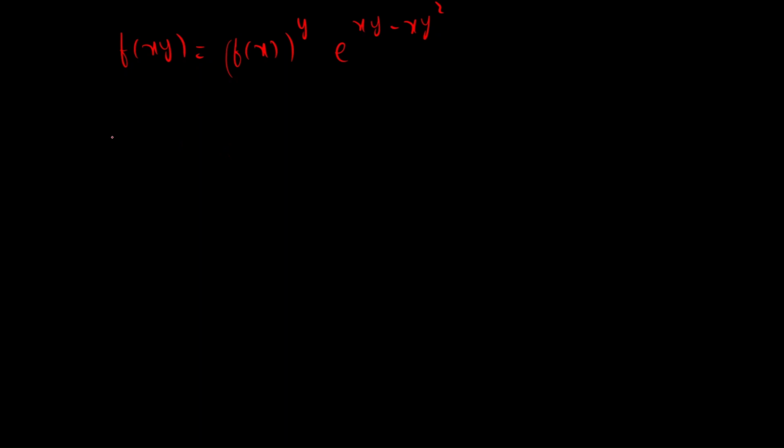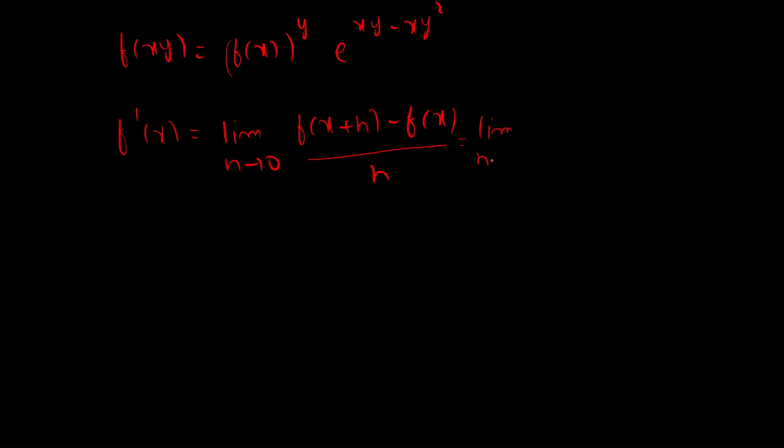Instead, we can do a simple manipulation. From the first principle of derivative, I can take out the x common in the first term, x into (1 plus h by x) minus f of x divided by h. Now, if we substitute our y as 1 plus h by x, we will be good.